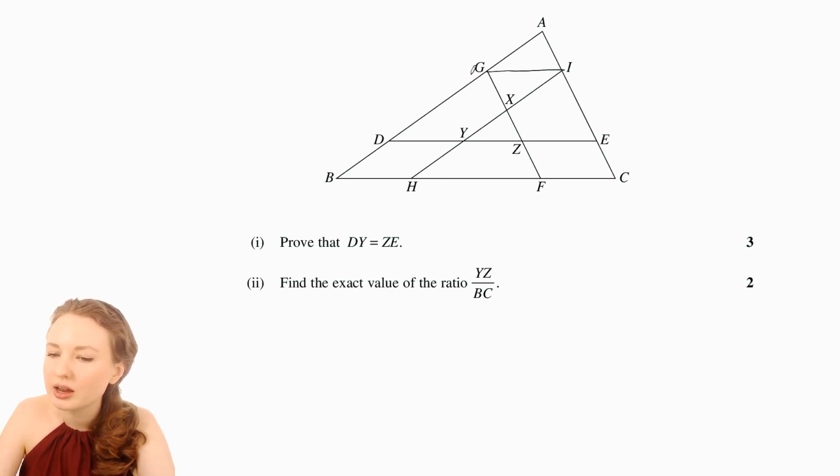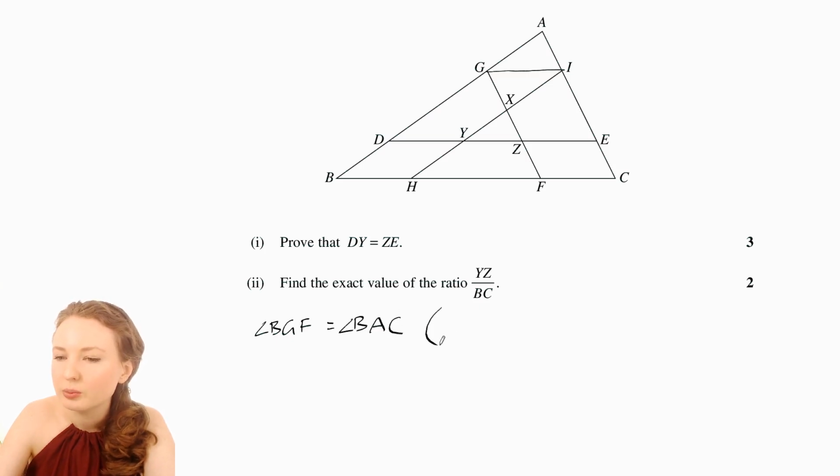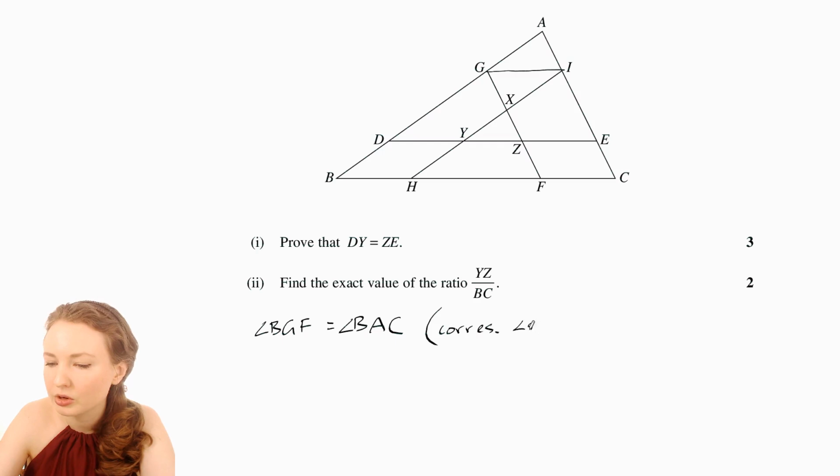So you could say you've got that angle is common, and then we could say that one is the same as that one because of the parallel lines. So we could say something like angle BGF equals angle BAC because they're corresponding angles. So I'll just write corresponding angles because GF is parallel to AC.